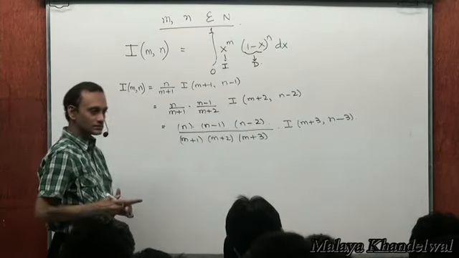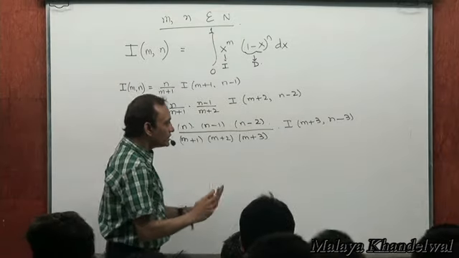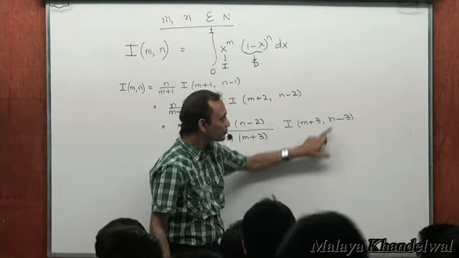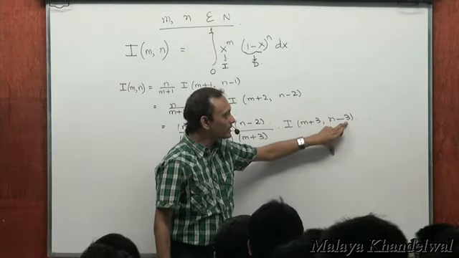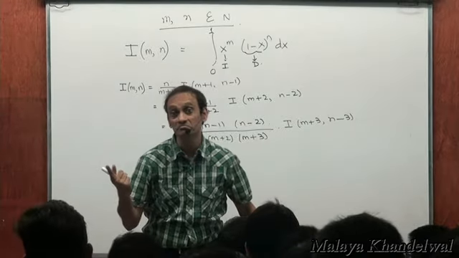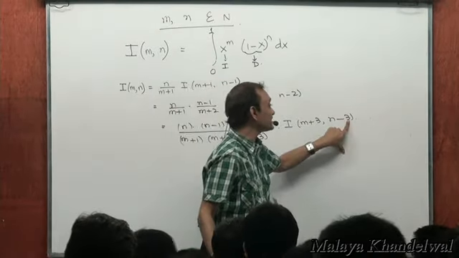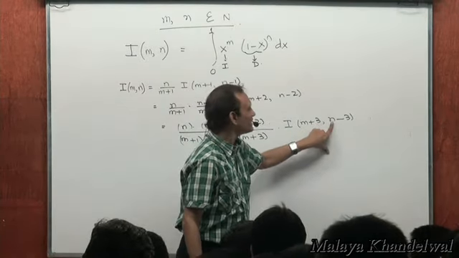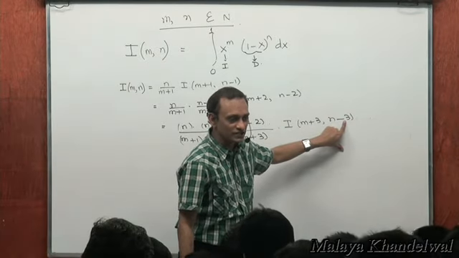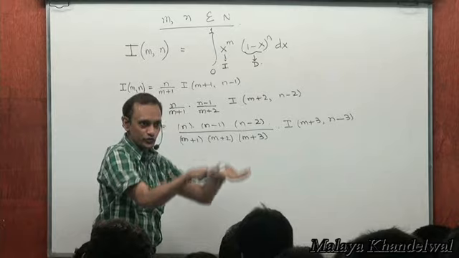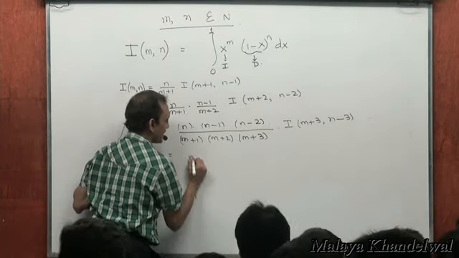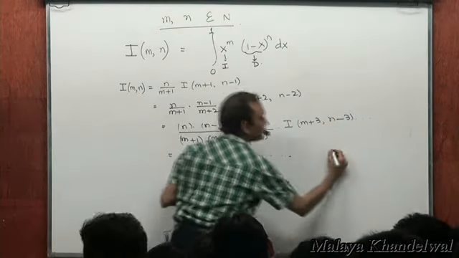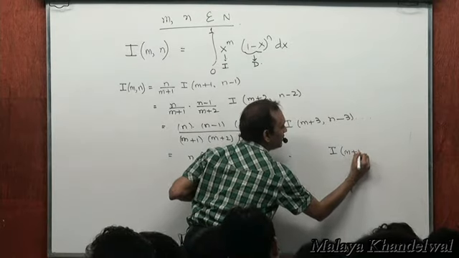Now in this whole scheme, these are increasing, these are decreasing, right? This will at some point become n minus 1, n minus 2, n minus 3, n minus n, which is 0. When this becomes n minus n, which is 0, this will become m plus n. And that's good because this part will become 0, very good for us. So eventually if I keep reducing it, I end up getting n into n minus 1 into n minus 2 going this way. Let me write this first: I m plus n comma 0.